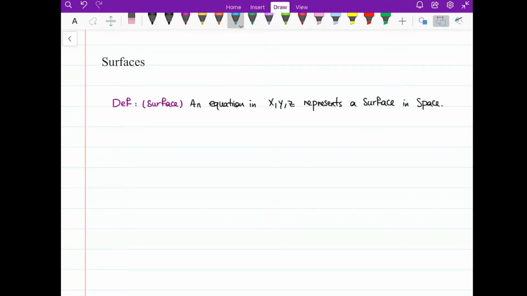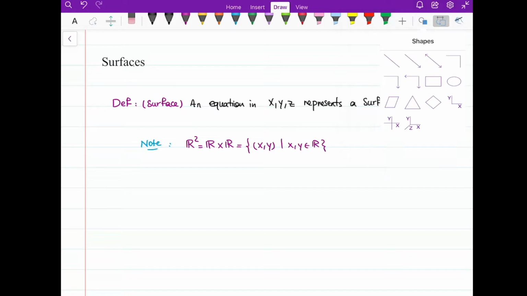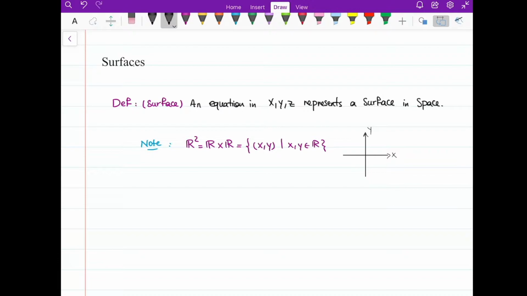Okay, so let me give you one small note. For a plane, R2, when we have a set of all ordered pairs, we're going to use R2. R2 is the Cartesian product of R and R, which is the set of all ordered pairs such that x and y are in R. This notation R2 shows all the points in the xy plane that we are familiar with.